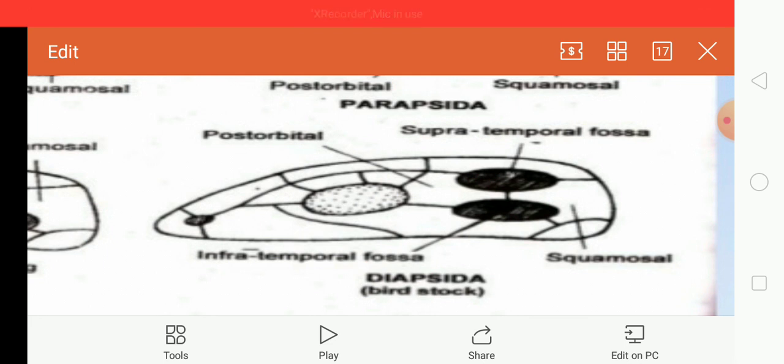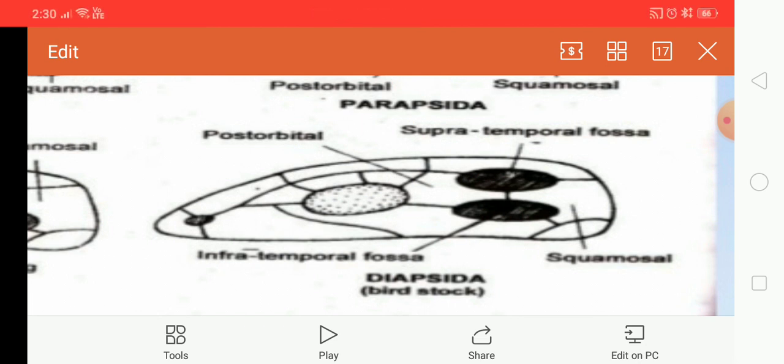But in certain animals like lizards and snakes, some modifications have taken place. And what are these modifications? In lizards, you will find that some of the bone has been reduced. As a result, the supratemporal fossa has become larger in size.